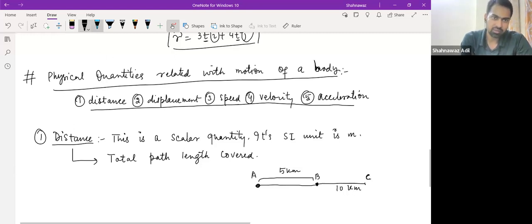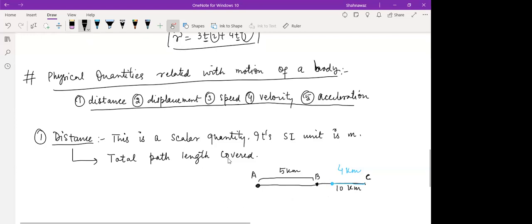And then I come back 4 kilometers. So my path length would be how much? 19 kilometers.